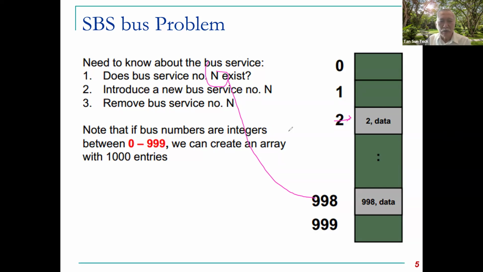So in this case, we know that all the numbers must be integers between 0 and 999. So therefore, we can create this array with 1,000 entries to actually store all the information that we need. For example, the bus number, the distance between stations, how much you have to pay, and all that information. Right? We can store it inside a table like this.